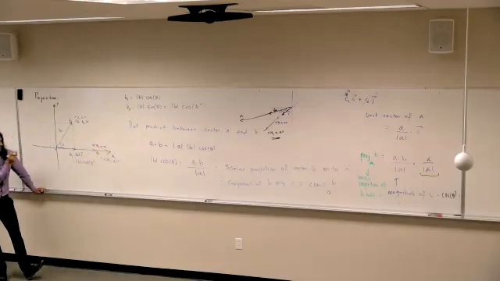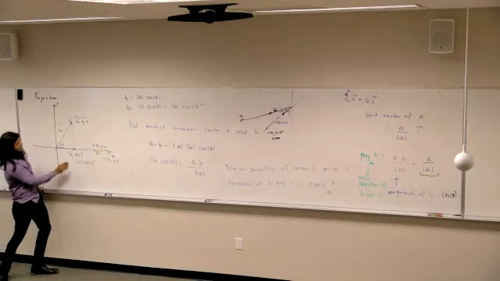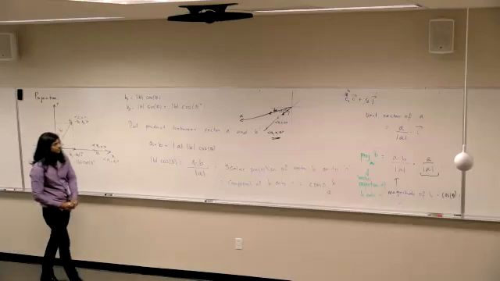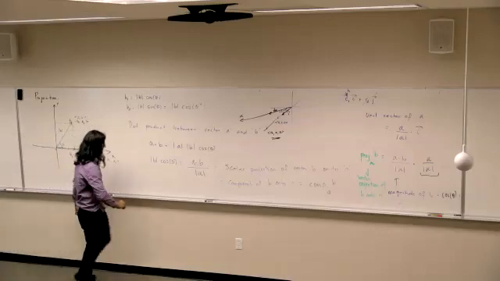So A1, A2, 0, B1, B2. So I can write this. What is theta? Or how do you find theta? Divide by the magnitude and do the inverse.